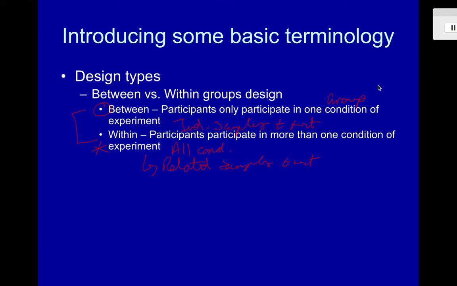depending again on our situation, depending on what this question is going to be, we are then going to select the appropriate design and we're going to select the appropriate statistical analysis. So, this is why one of the things that I've been talking about all semester is that it's so important to really stipulate what your research question is, because your research question will then drive what kind of design you're going to select, and then it's also going to drive what kind of statistical analysis you're going to select.